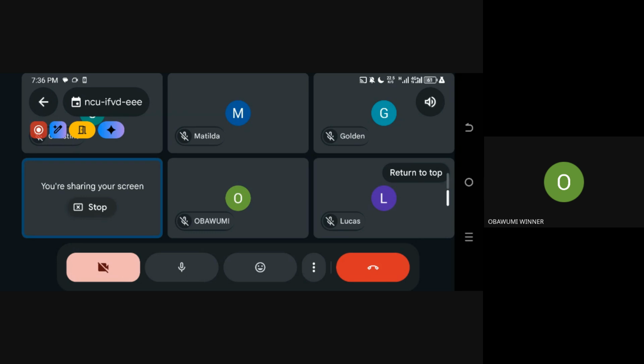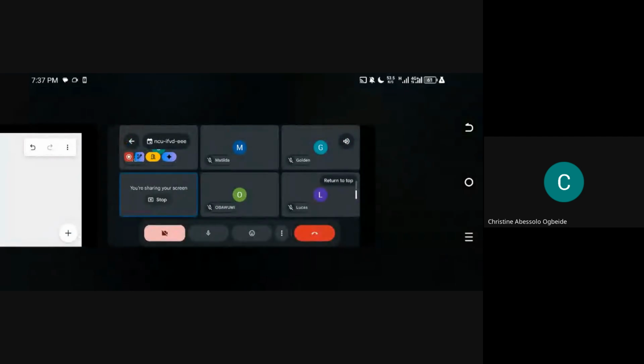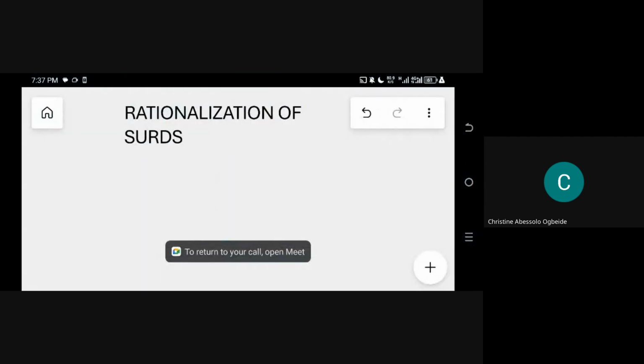Christine, yes, sir. Christine, okay, what do you think is meant by rationalizing a surd? What do you think is meant by the word rationalizing a surd? Removing the square root.